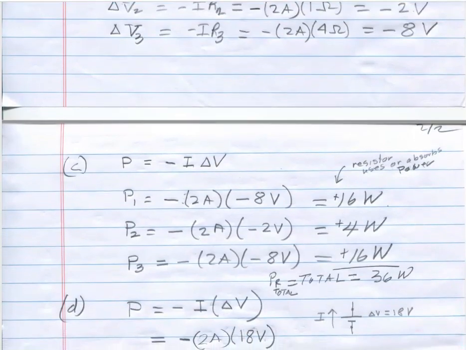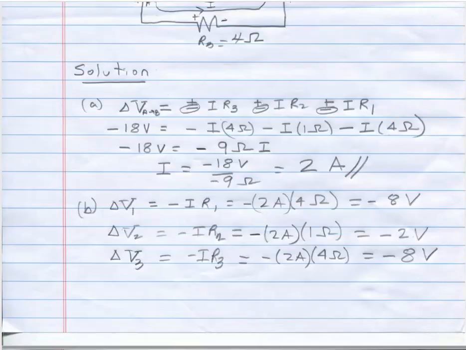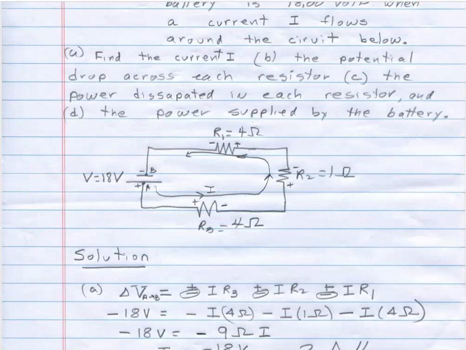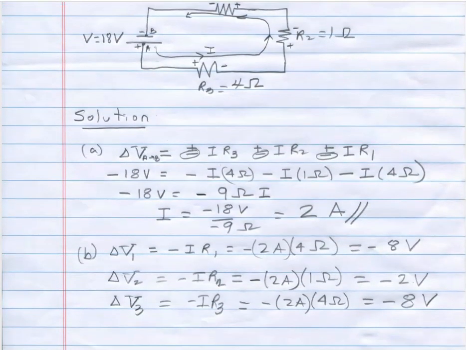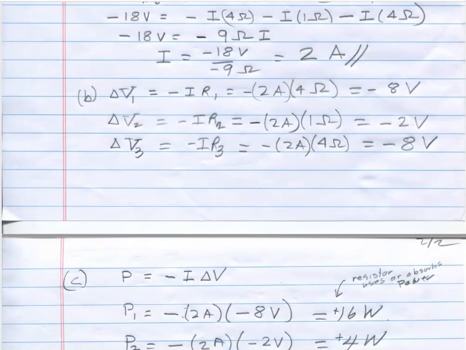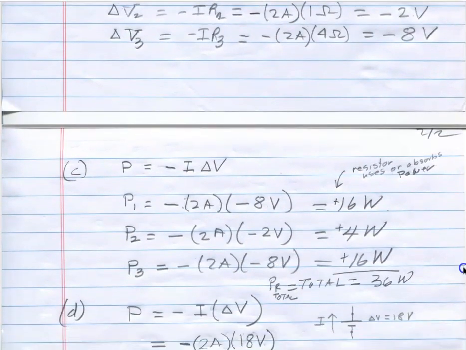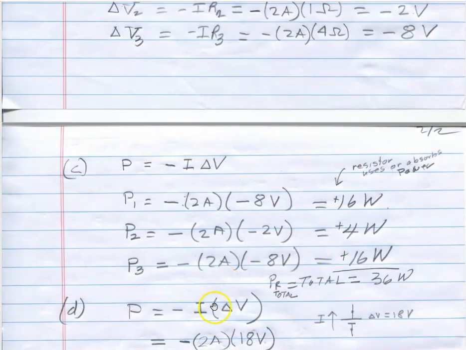What about the battery? Part D was to find the power supplied by the battery. Again, we can use the same general formula. In our case, the current is flowing through the battery from minus through the positive.